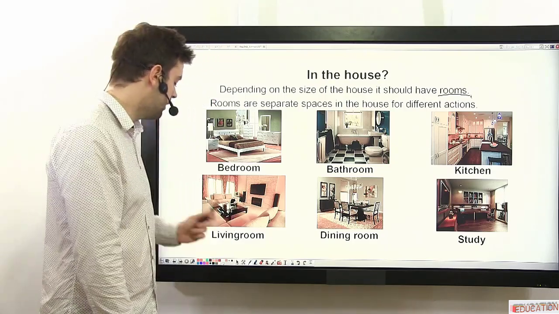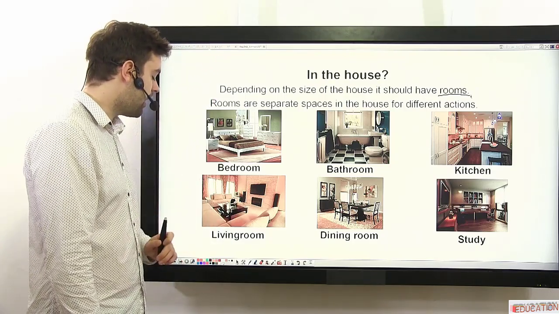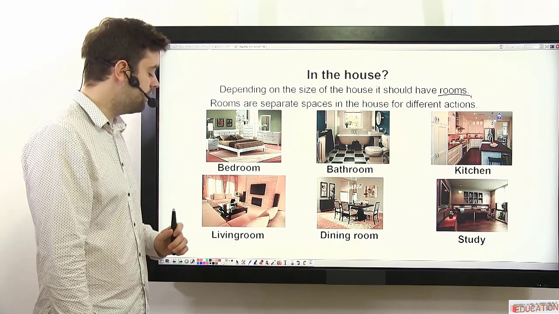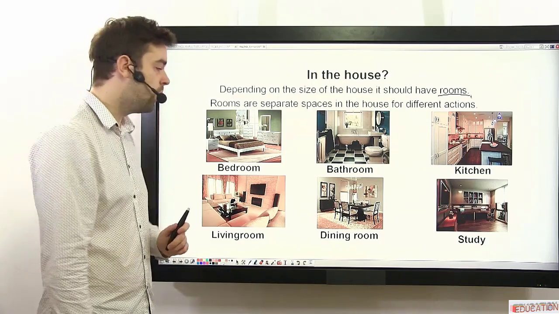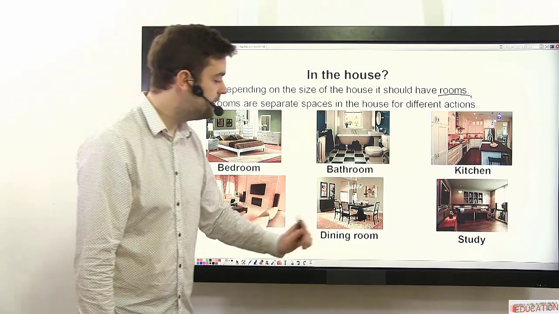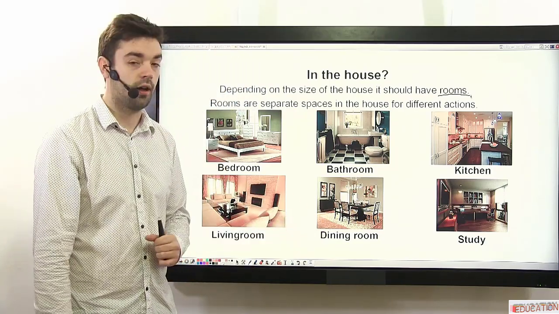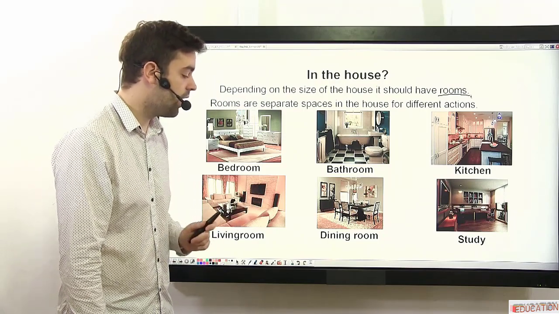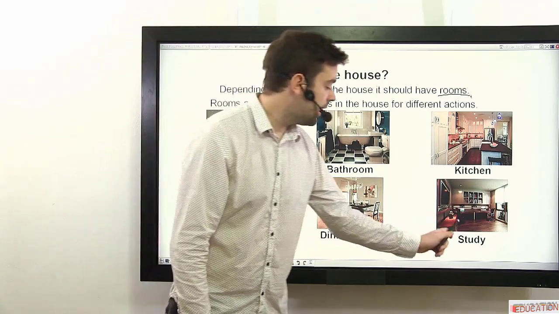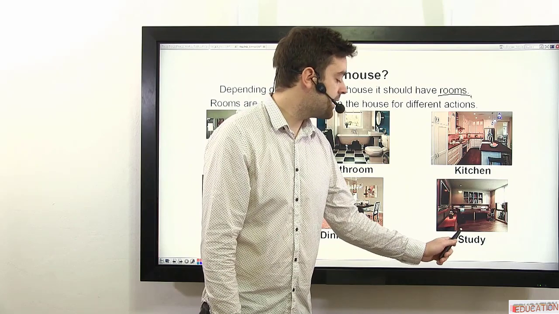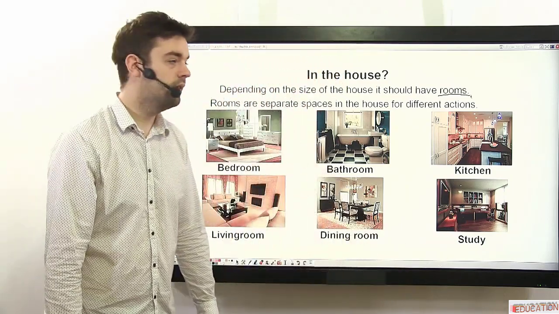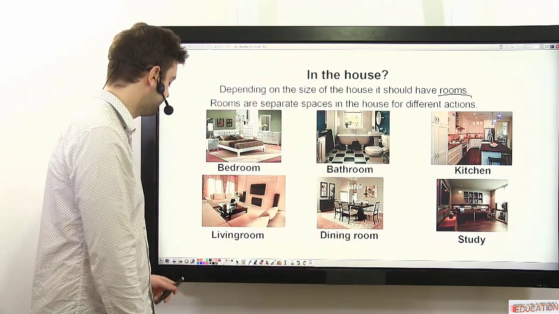Kitchen. Living room, L-I-V-I-N-G-R-O-O-M. Dining room, D-I-N-I-N-G-R-O-O-M. And study, S-T-U-D-Y. Study.